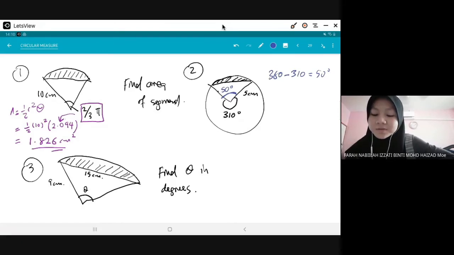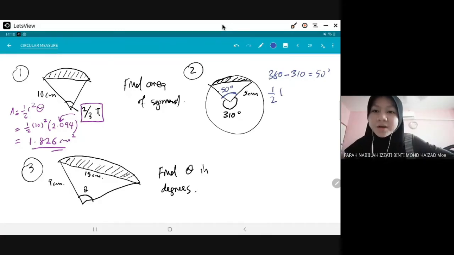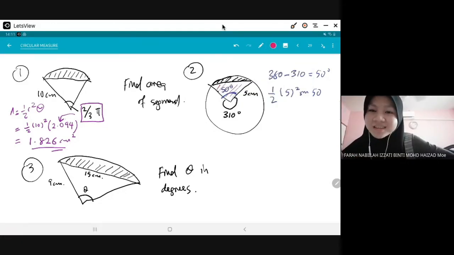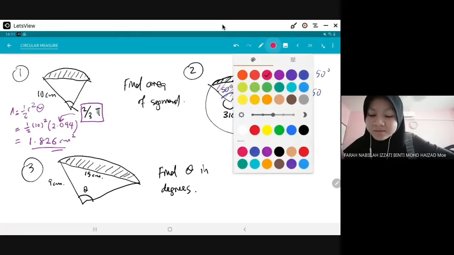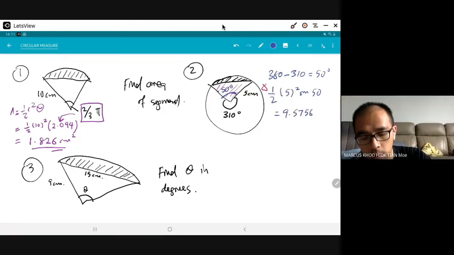So 1 over 2, bracket 5, and then square, and then sine 50 degrees. That's the area of the triangle, right? Okay, what is the answer? 9.5756 cm square. Okay, and then?